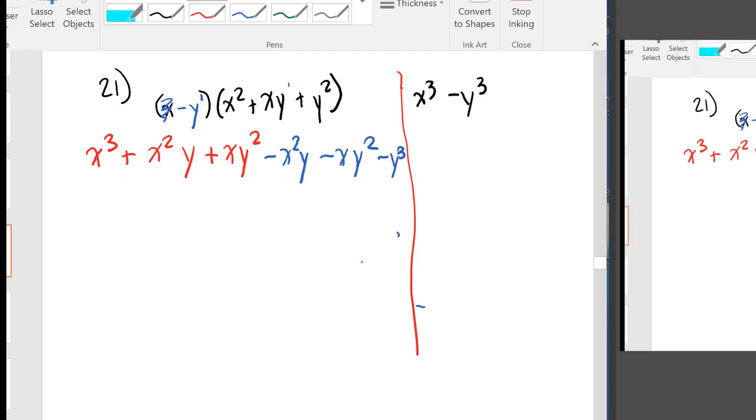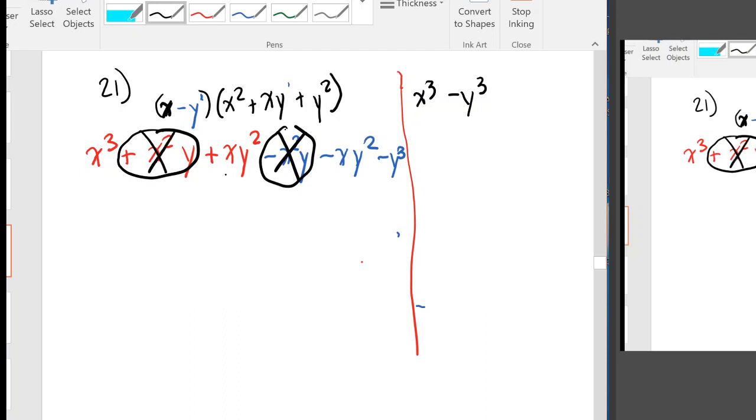Okay, now I can combine my like terms. Let me put this x back. This is positive, that's negative, they're the same thing, so that can go. That's positive, that's negative, that can go.